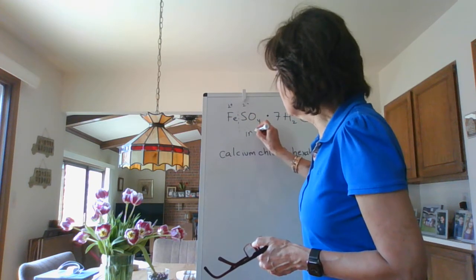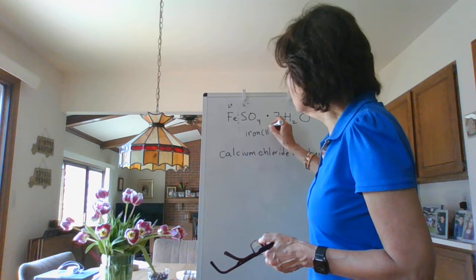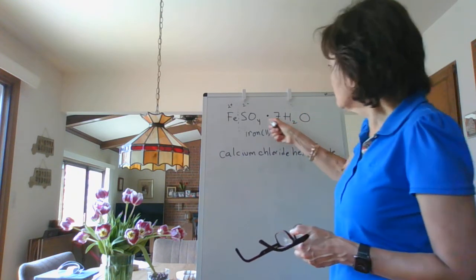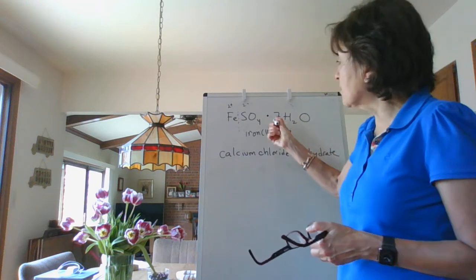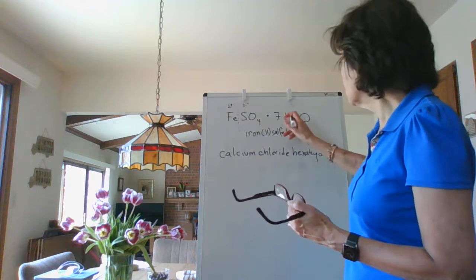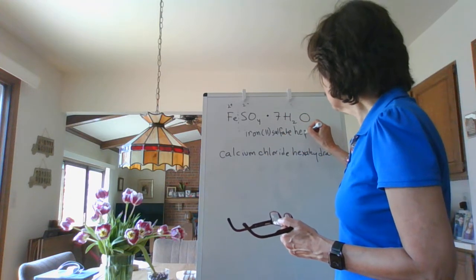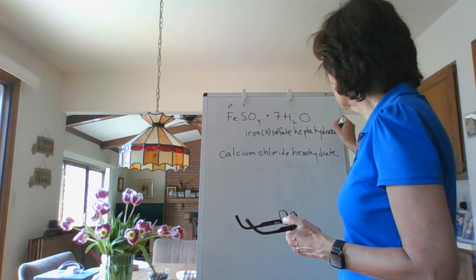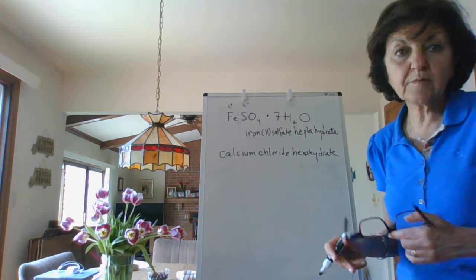So this would be iron, Roman numeral 2, sulfate, and then you tell me how many waters there are. Remember the prefixes. 7 is hepta, so you'd say heptahydrate. Okay, that's the proper name for something like that.